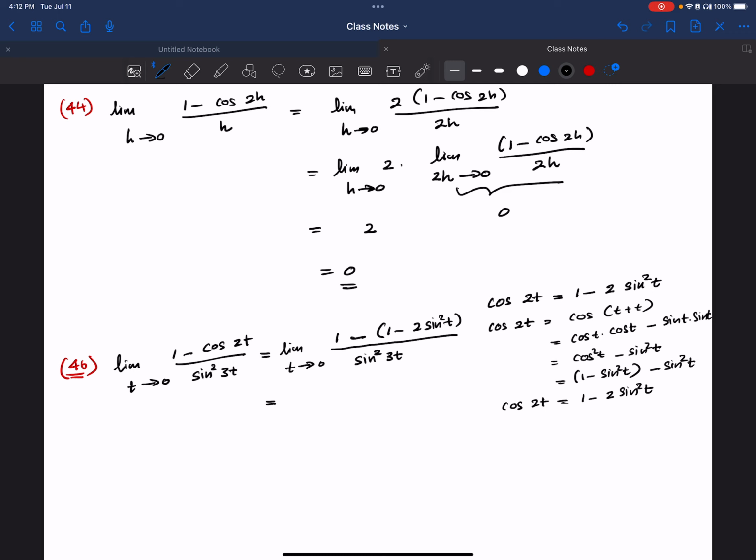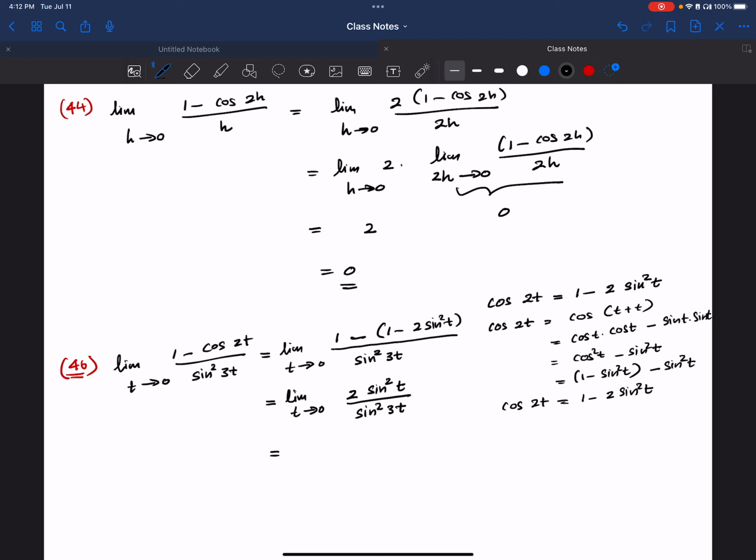The negative 1 and positive 1 cancel out, so you have 2 times sine squared t divided by sine squared 3t.